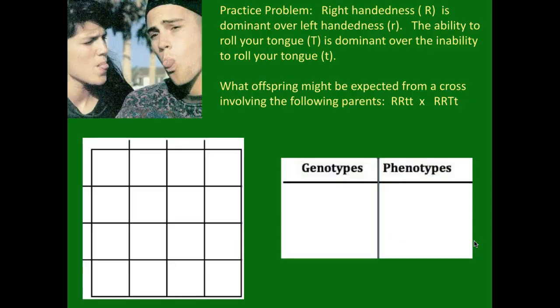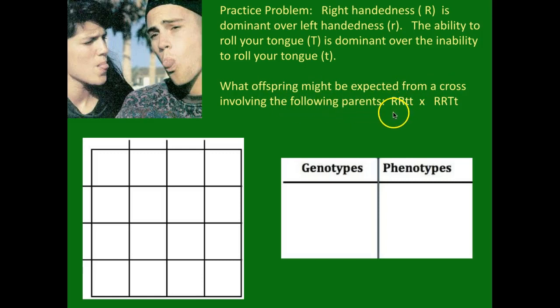Last one, I want you to do this by yourself. Right-handedness is big R, dominant over left-handedness, little r. The ability to roll your tongue is the dominant trait over the inability to roll your tongue. So it's asking, what offspring might be expected from a cross involving the following parents?